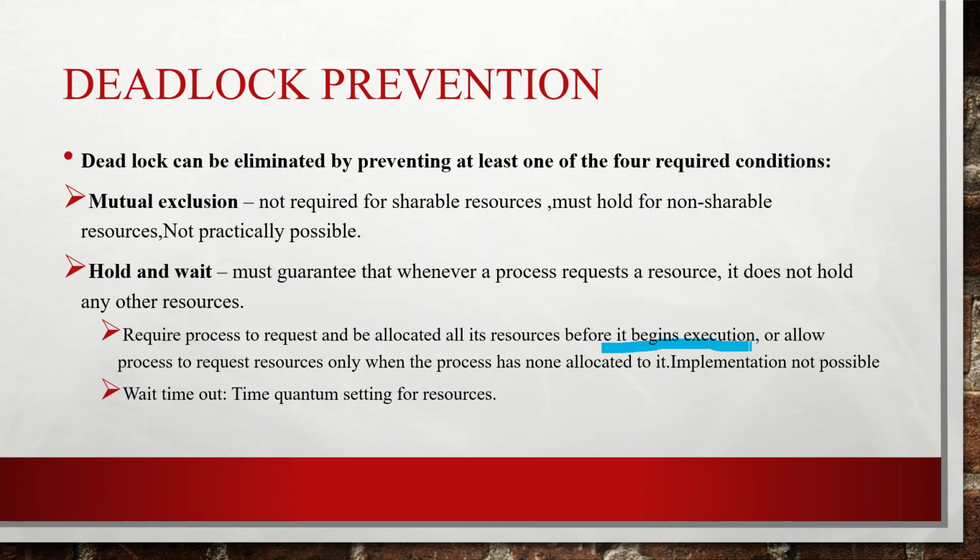After 5 minutes, the resource has to be deallocated from the process. That is another method you can use for removing hold and wait. That is wait timeout: a time quantum is set for each resource.